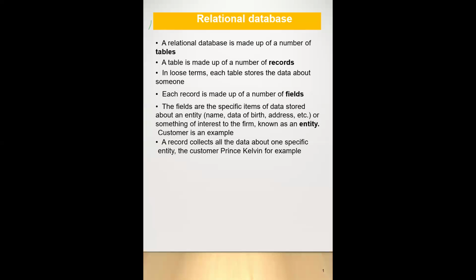So a relational database is made up of what? A number of what? Tables. Right. So as I said, we want to break it down into the hierarchies, from the lowest to the highest, or from the highest to the lowest. So every database is made up of what? Tables, a combination of tables.